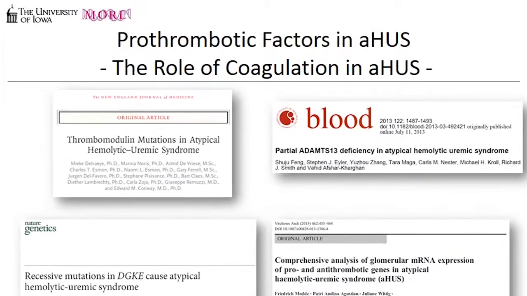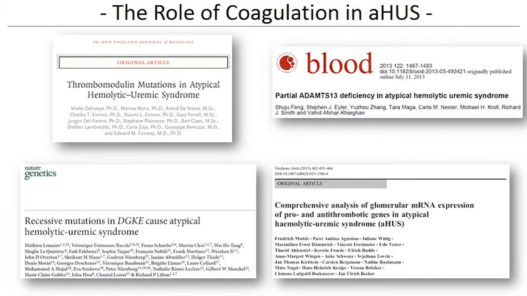Dr. Smith discussed these two papers, and there are other publications that reported, for example, that the thrombomodulin gene is involved in the disease. And there's a group that tested gene expression, and coagulation gene expression is changed in the kidney of the patients.